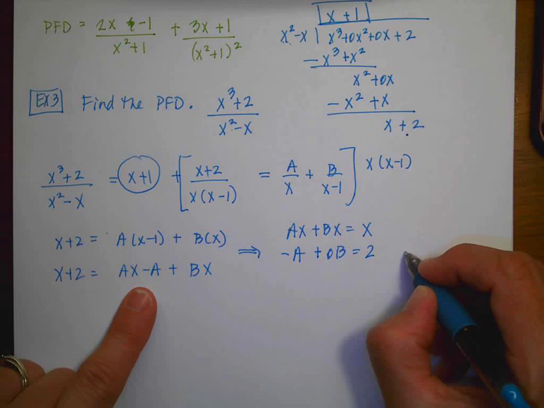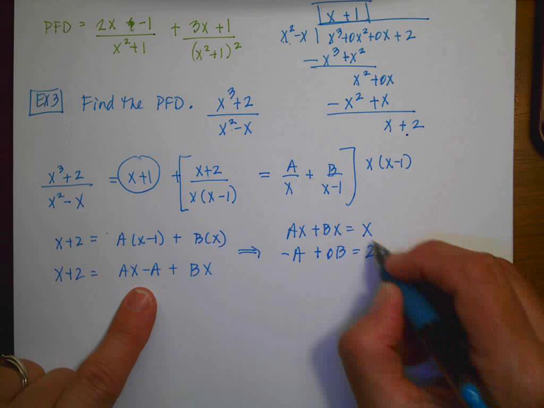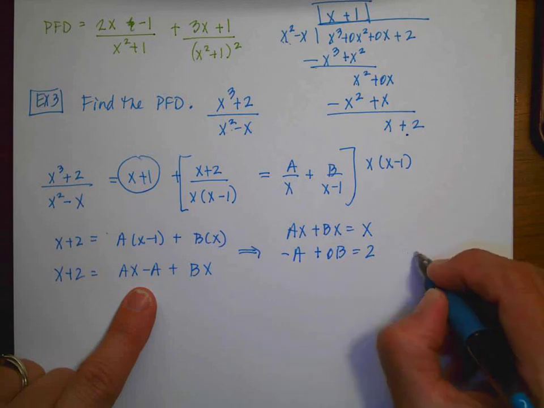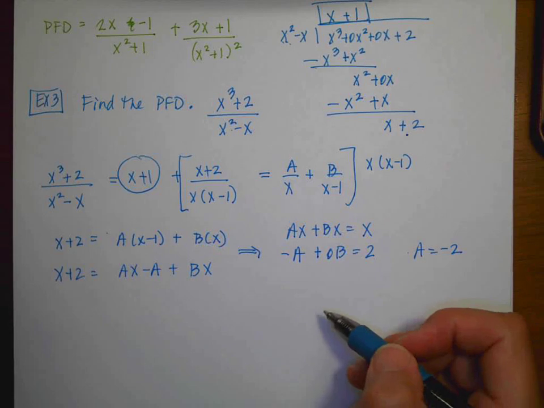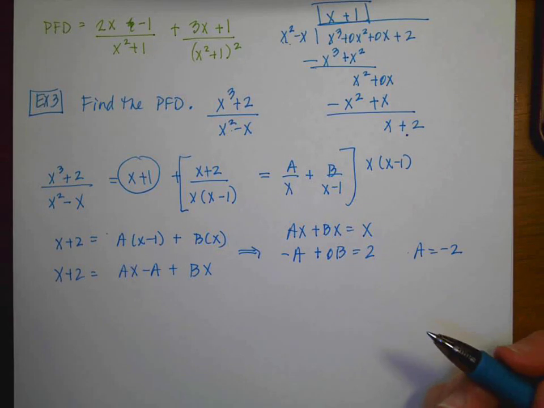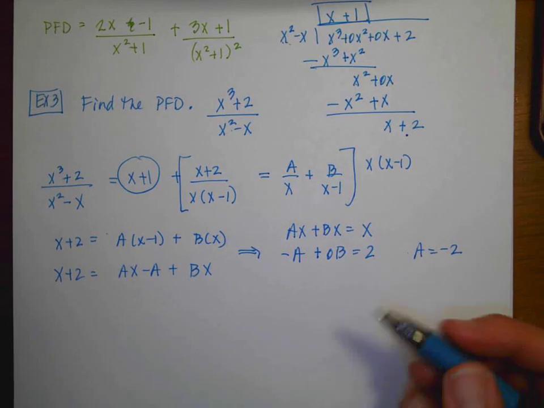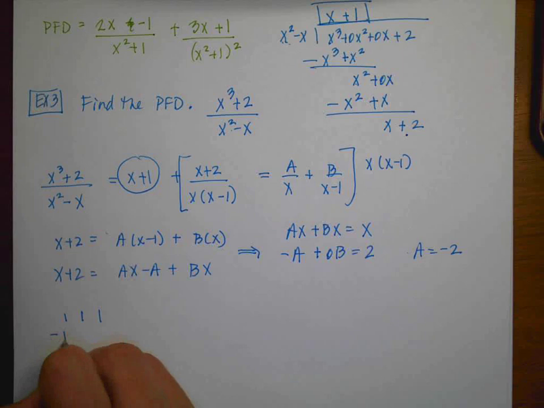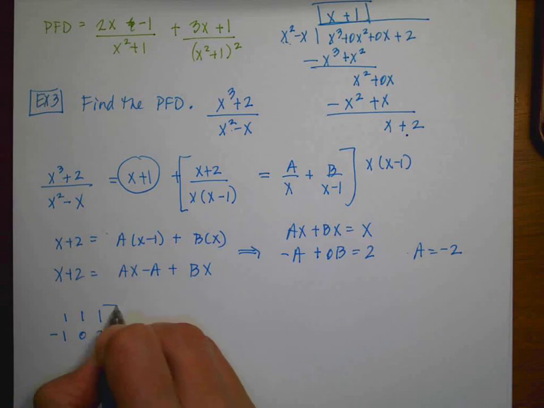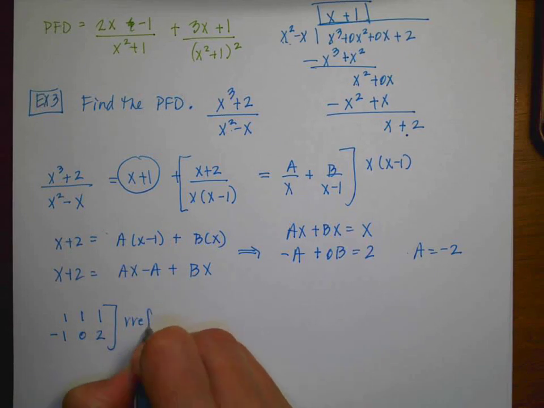And so right off the bat, did I write that down right? Yes. So right off the bat, I can see that a is going to equal a negative 2, okay? And then I can choose to do RREF, or I could choose to solve it by hand. Either way, if I do it by RREF, this is going to be 1, 1, 1, negative 1, 0, 2.